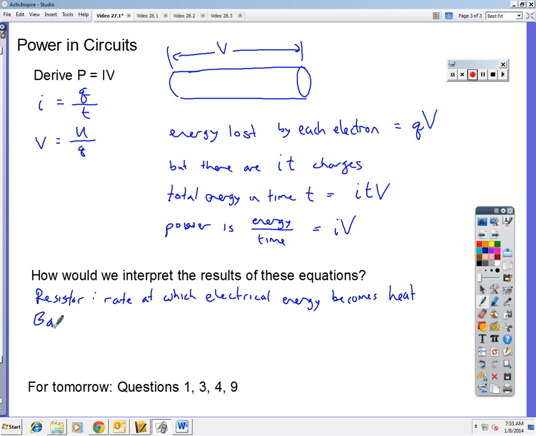If you've got a battery, that's the rate at which the chemical energy in the battery becomes electrical energy. If it's a light bulb, it's the rate at which electrical energy becomes light and heat. But think about that whenever you're asked to calculate the power of an electrical device.